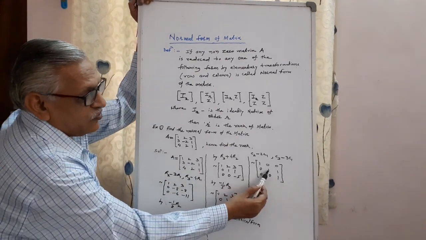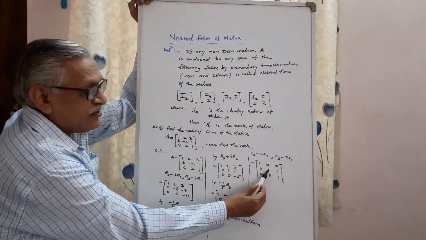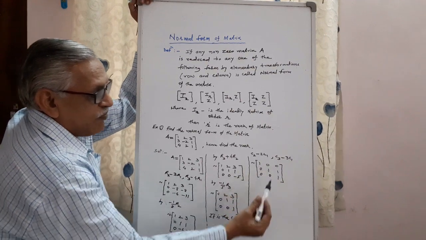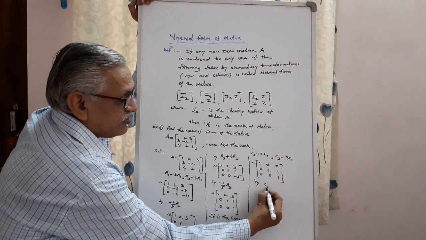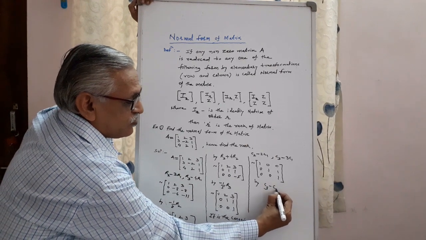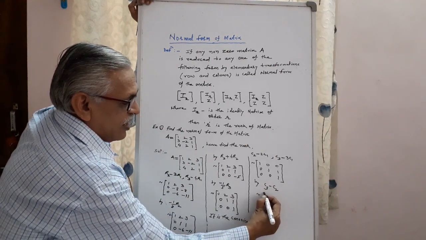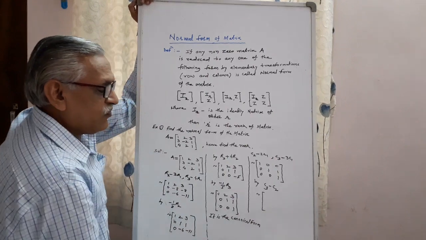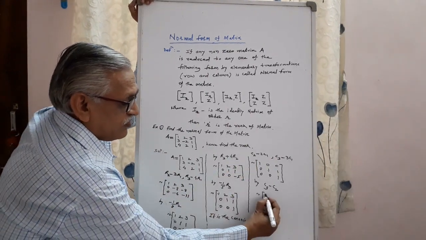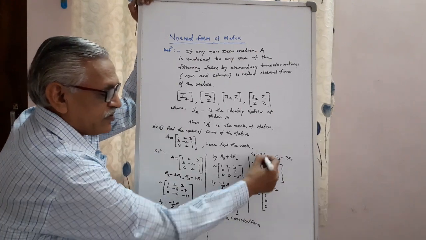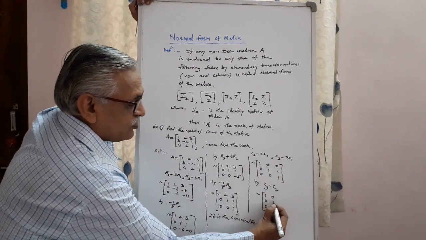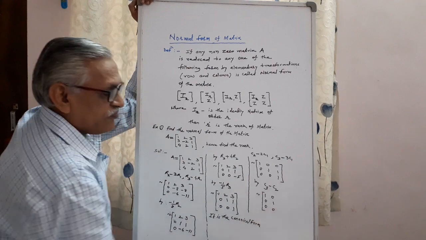Then using the second diagonal element 1, convert this to 0 by applying the transformation C3 minus C2. If we apply it, we have first column no change, 1 0 0. Second also no change, 0 1 0.